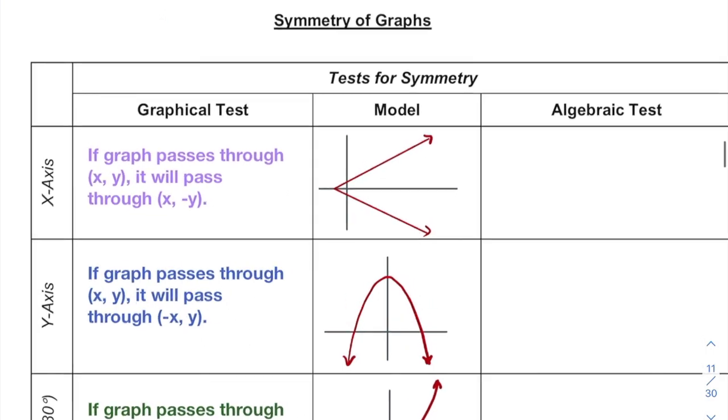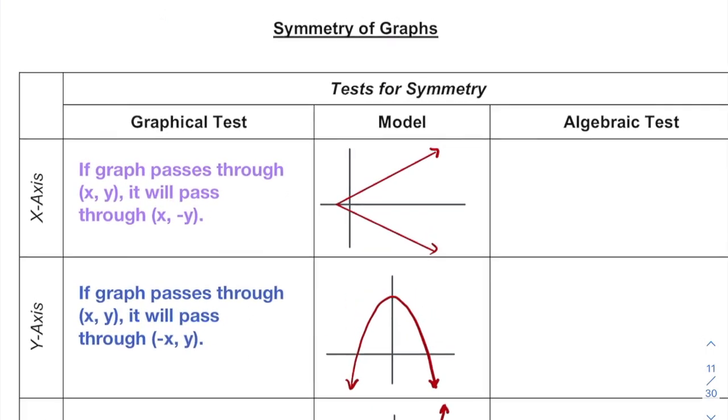So for the x-axis symmetry, we want to be symmetrical about the x-axis. So if you folded it along the horizontal, along the x-axis, the graph would land completely on top of each other. So I've drawn a model here of a sideways absolute value function that shows x-axis symmetry.